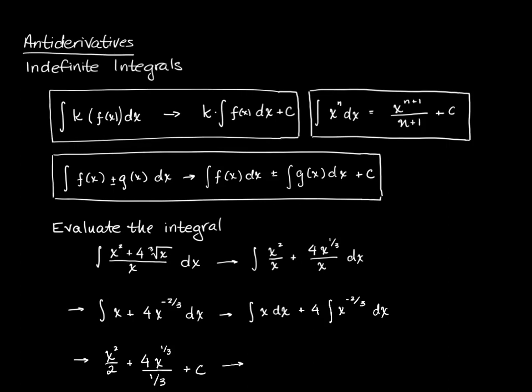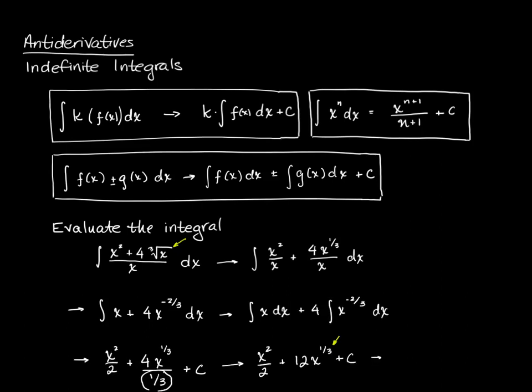I can tidy this up just a little bit more. I'm going to say that that's x squared over 2 plus, when I invert this to multiply, I get 3. 3 times 4 is 12, so 12x to the 1/3 plus c. One more step. Since my original problem was written in radical form, not in rational exponent form, I'm going to convert that back to radical form.